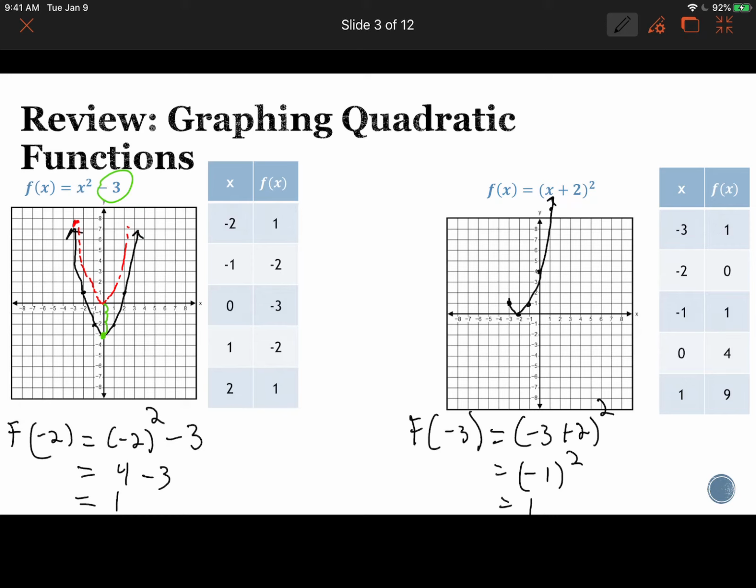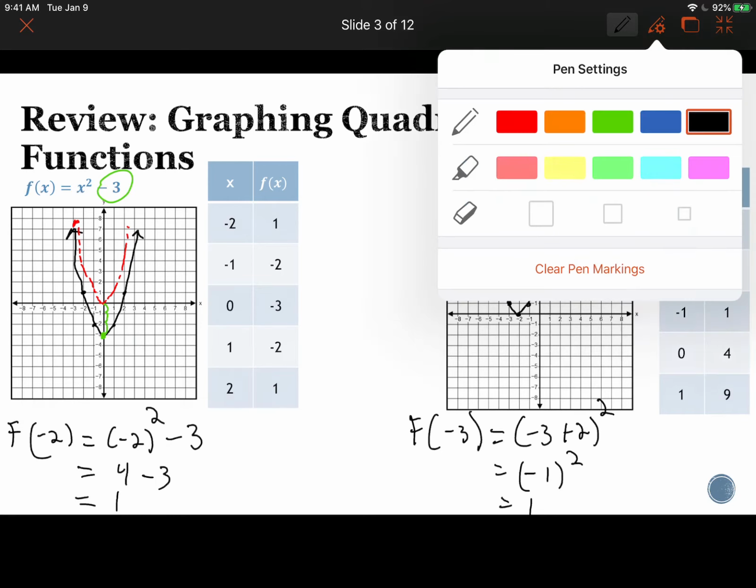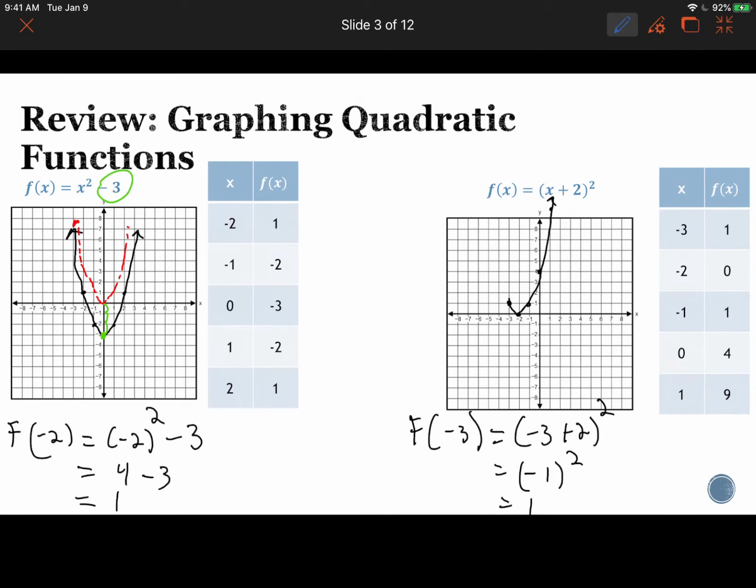Great. Now, this is where the axis of symmetry can help us with the left side of this graph. So again, the axis of symmetry goes right through the vertex, which happens to be -2, 0. And the axis of symmetry is x is equal to -2.